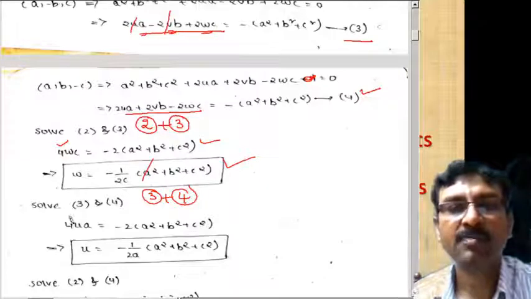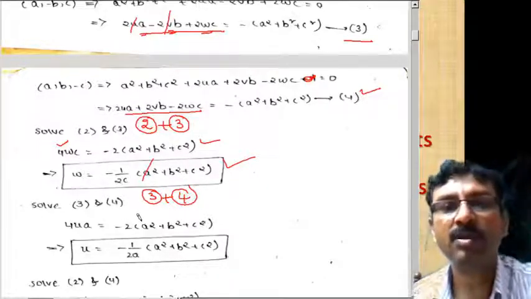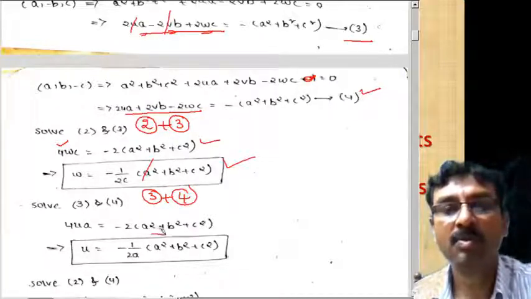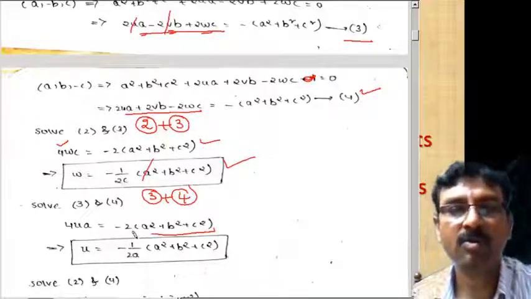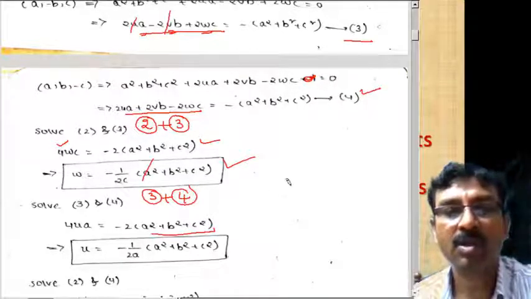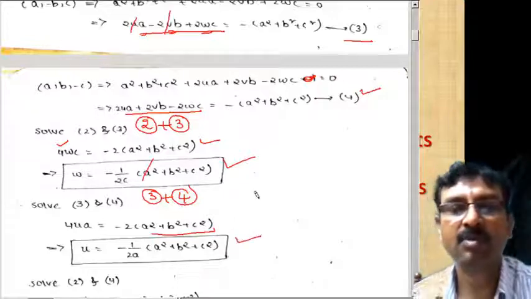Finally, the left side is 2ua plus 2ua, that is 4ua, and the right side is minus 2 into a square plus b square plus c square, and u equal to minus 1 by 2a into a square plus b square plus c square.